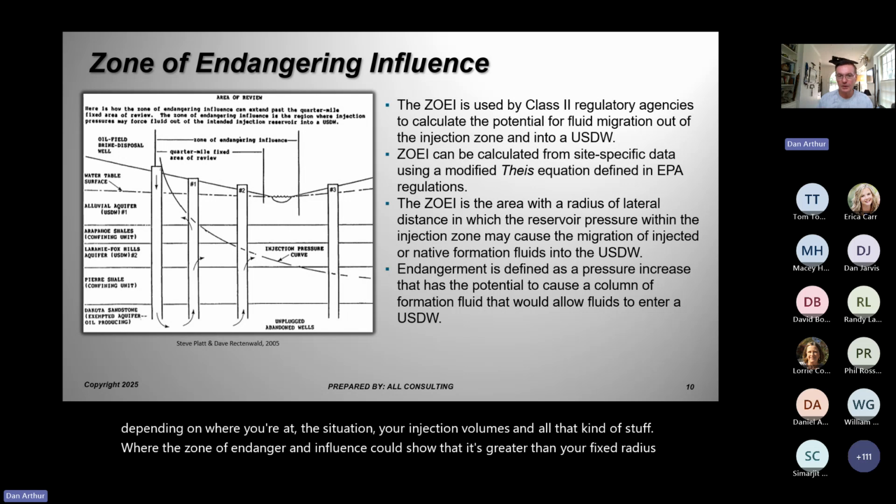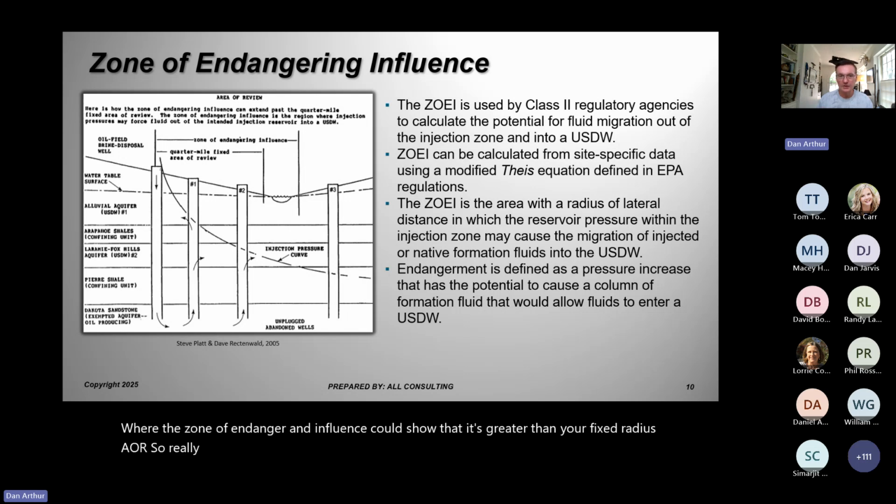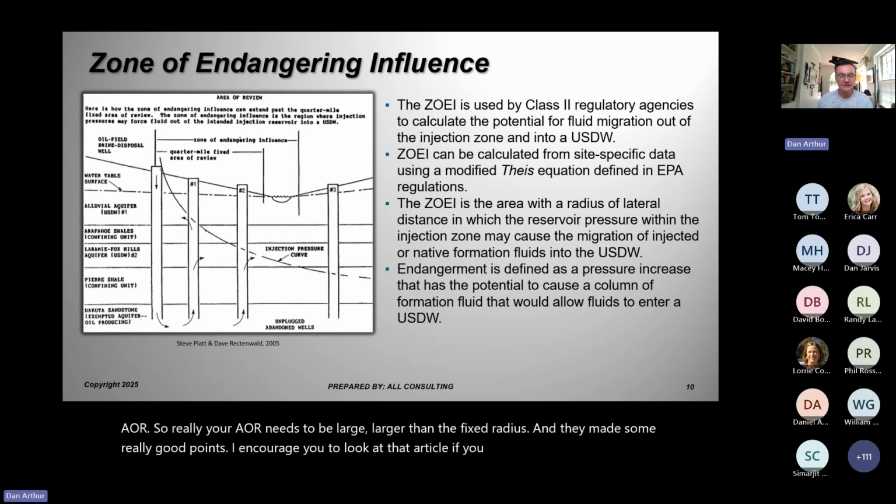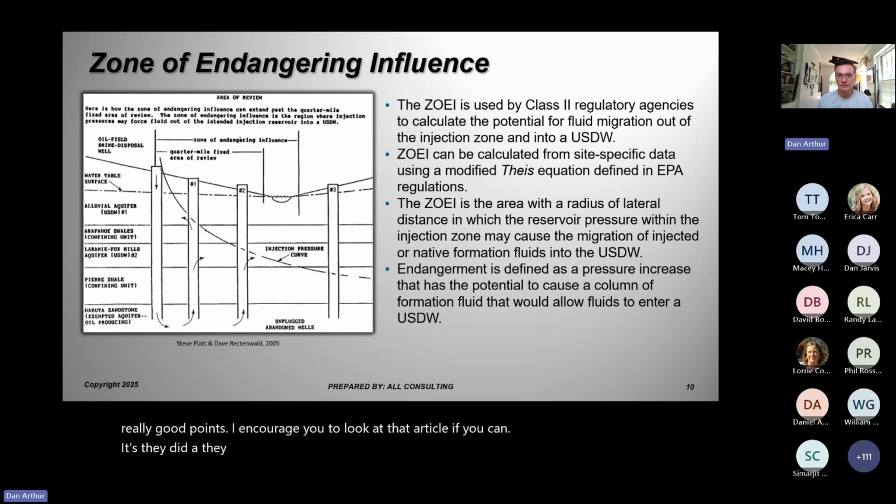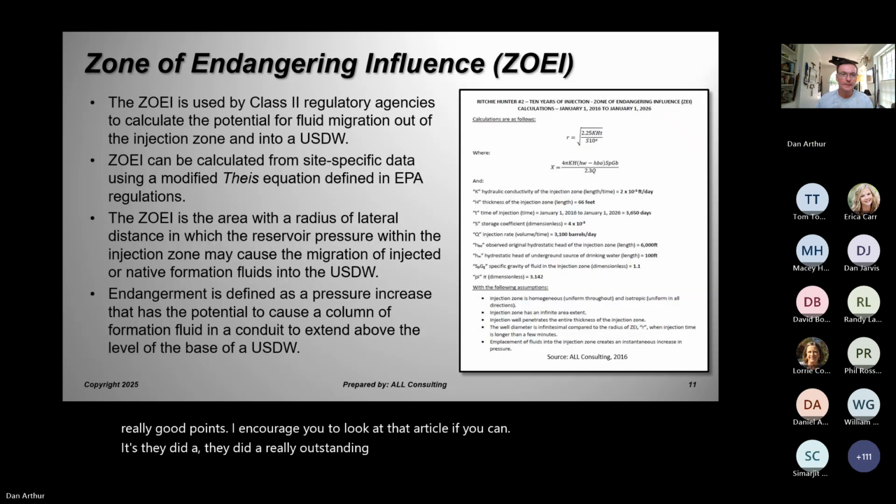So really your AOR needs to be larger than the fixed radius. They made some really good points. I encourage you to look at that article if you can. They did a really outstanding job.